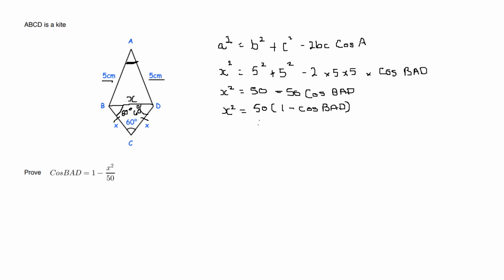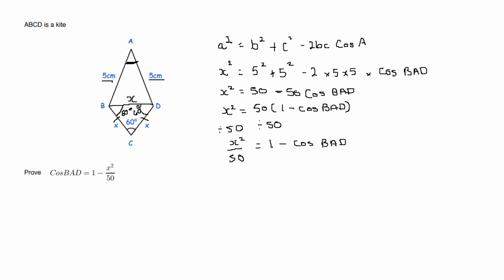Then let's divide both sides by 50. So we're going to get x squared over 50 is equal to 1 minus cos BAD.